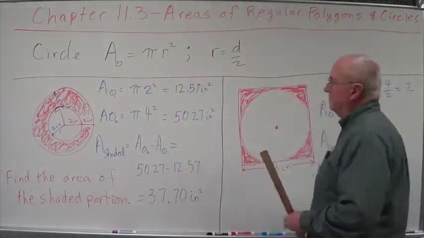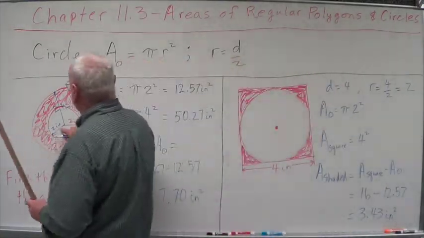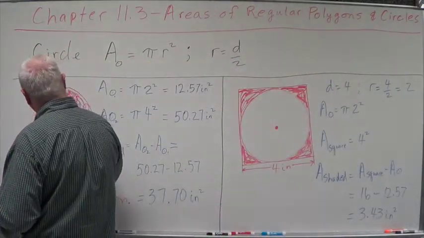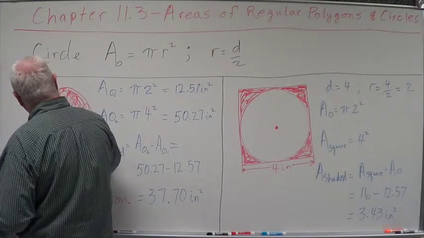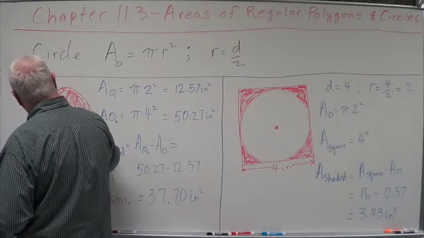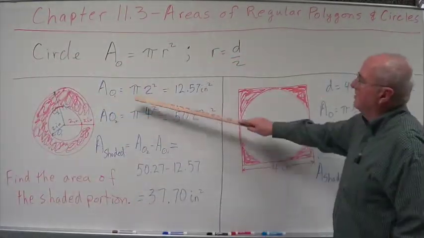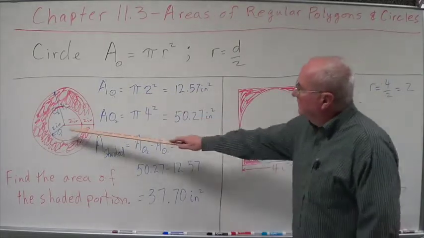So we got circle 1, circle 2. Now let's denote that a little better. So this is circle 1, and this is circle 2.